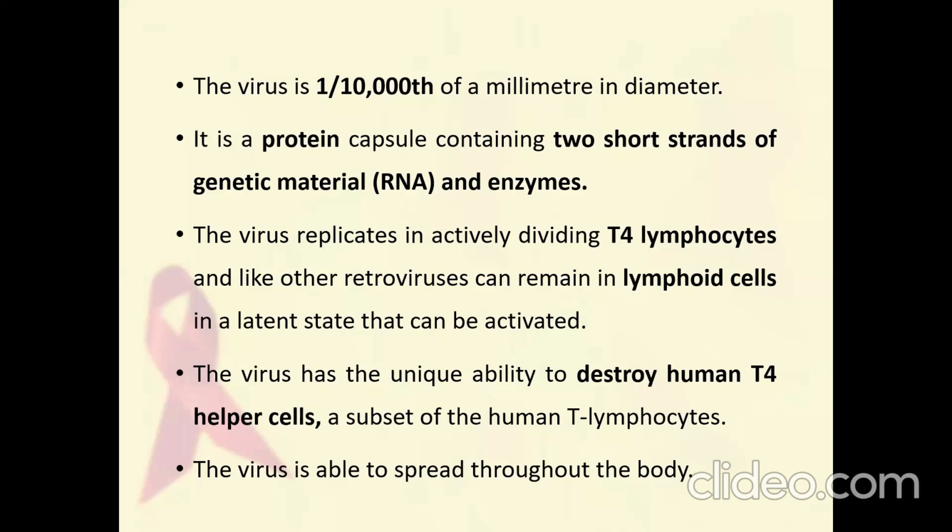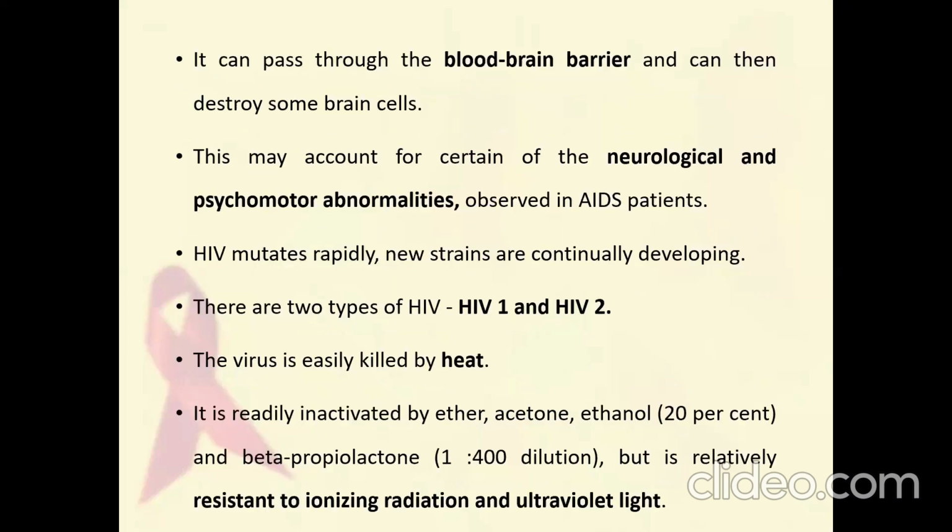The virus has a unique ability to destroy the human T4 helper cells, which are a subset of human T lymphocytes, and it is able to spread throughout the body. It can also pass through the blood-brain barrier and destroy some brain cells, which leads to neurological and psychomotor abnormalities.